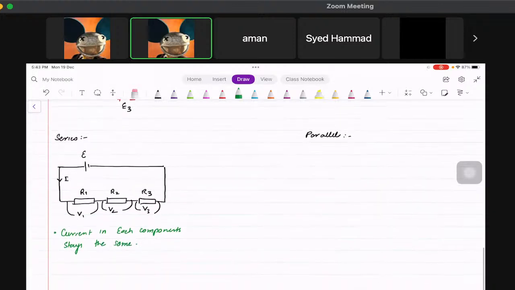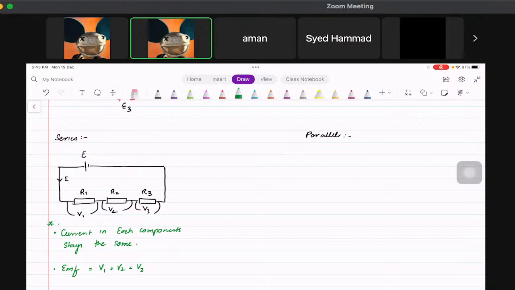However, the voltage is divided, which means the total EMF is equal to voltage 1 plus voltage 2 plus voltage 3. So basically this is the same Kirchhoff's second law that we just studied, that the sum of EMF is equal to the sum of potential differences. And this whole thing that we are doing is a derivation that is usually required, 1 or 2 marks.